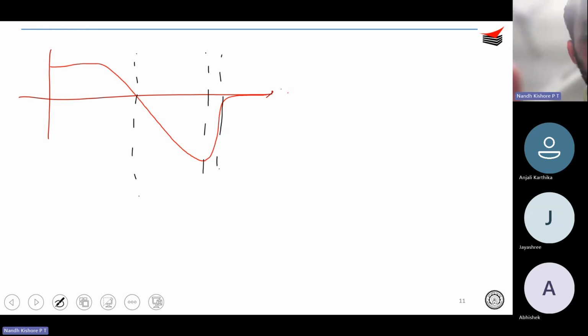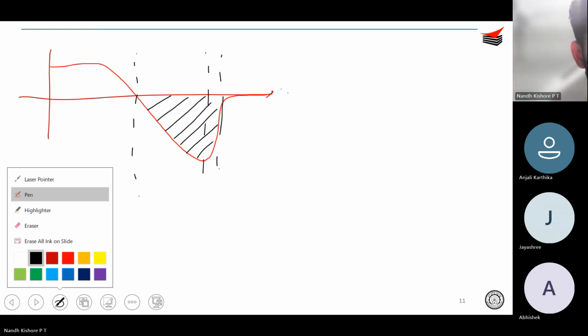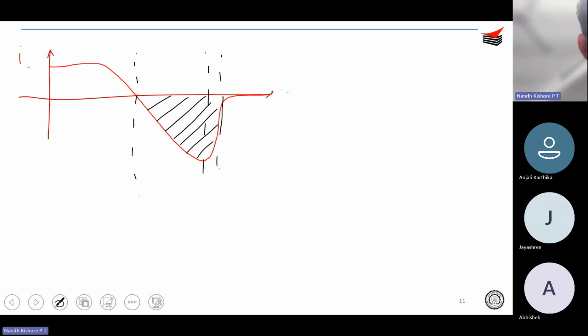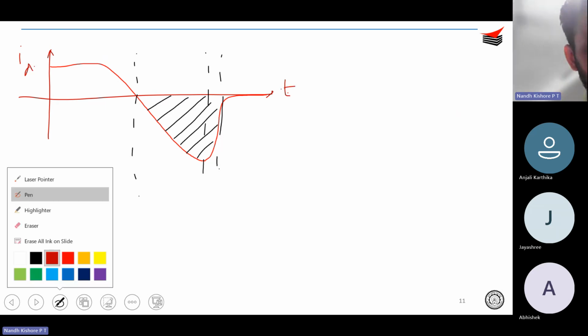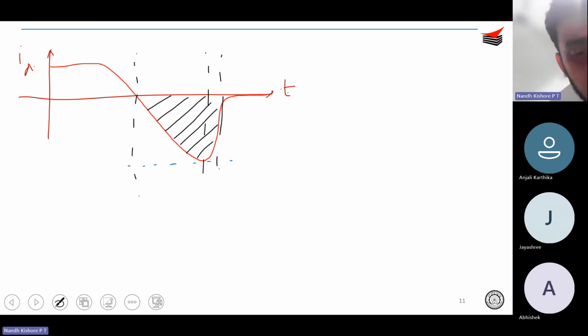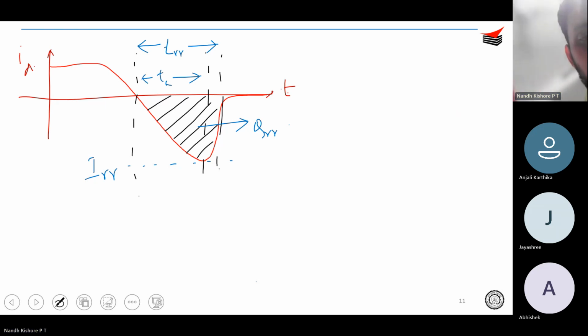Let me call this ID, the diode current with respect to time. Basically this is IRR, the reverse recovery current. The area over here is QRR, the reverse recovery charge. And then you have what is known as TRR over here, and then you have TA and then TB.